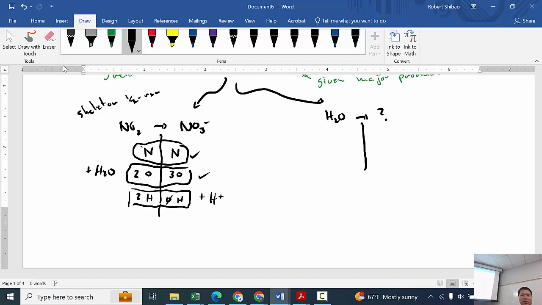Then I balance out the charge. And so NO2 is neutral, H2O is neutral, so I have 0 charge on the left. On the right, I have NO3 is -1 and H plus is +1. And so -1 and +1 gives me 0.